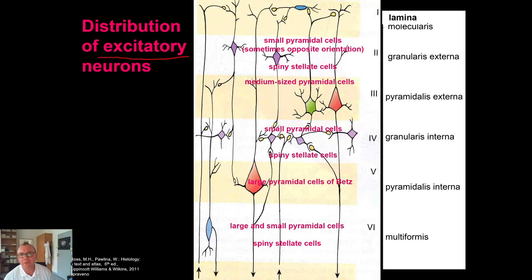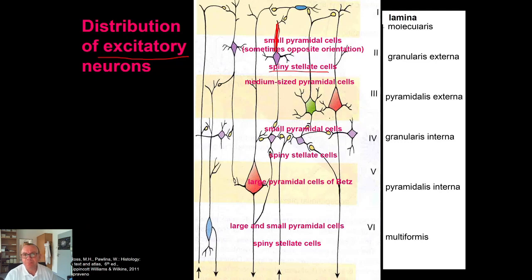So we haven't got any excitatory neurons in lamina molecularis. Lamina granularis externa has small pyramidal neurons, which can sometimes be oriented by their axon. Axon up, the axon can go to the lamina molecularis, and there also can be some spiny stellate cells.